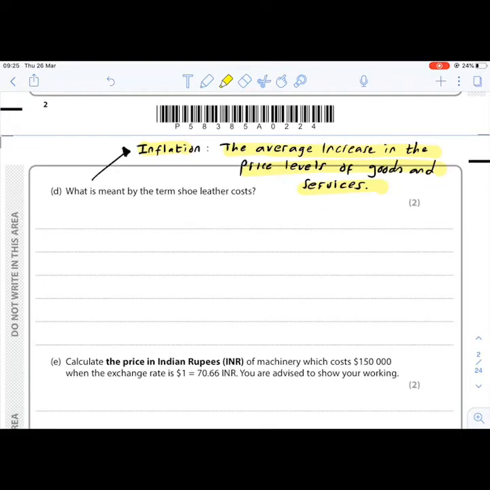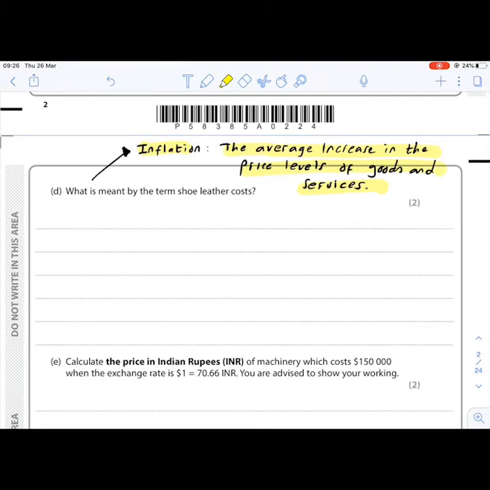So they will search for the cheapest prices available. And by searching, it means that they are going from shop to shop, and therefore there would be an increase in their shoe leather cost because they're going to be using their shoes more in order to search for cheaper prices, and this is going to be detrimental to the quality of their shoe.